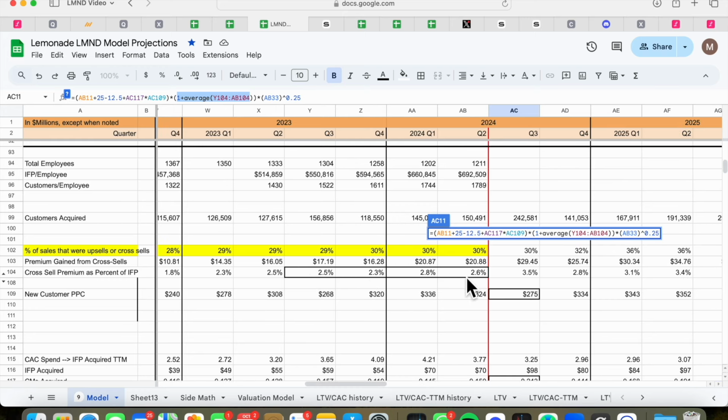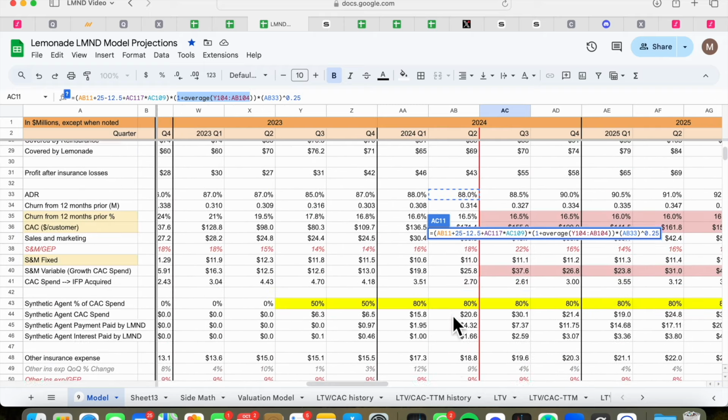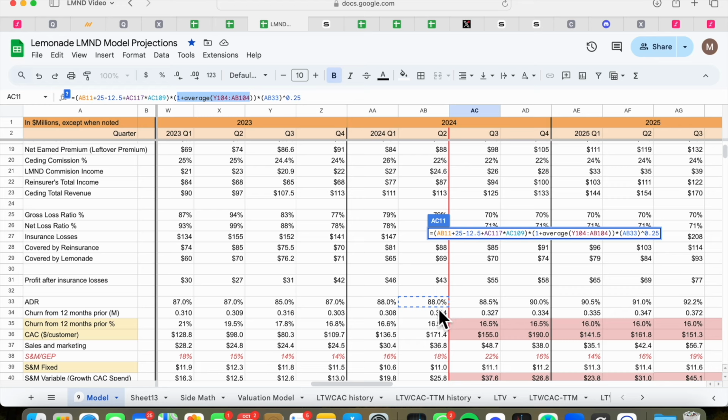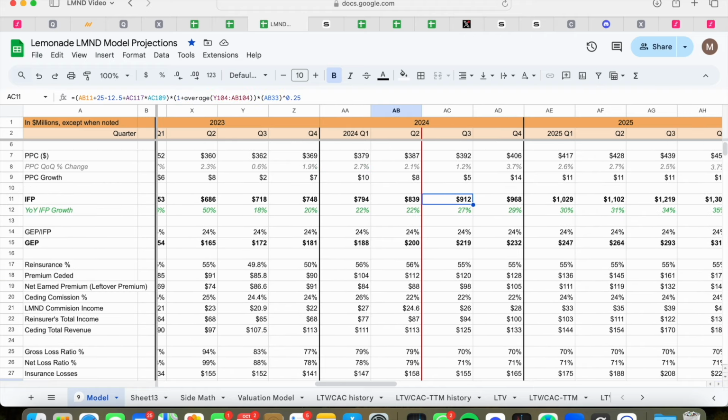So I'm taking the average of the last 4 quarters, multiplying that amount of premium by that. And then I'm also multiplying all that by annual dollar retention to the power of 1/4, or sort of a 1/4 of that 12-month basis churn of premiums would be. Put all those values in and you get that IFP of somewhere around 912.